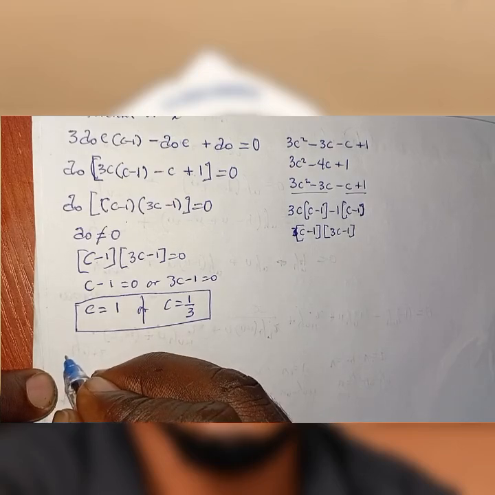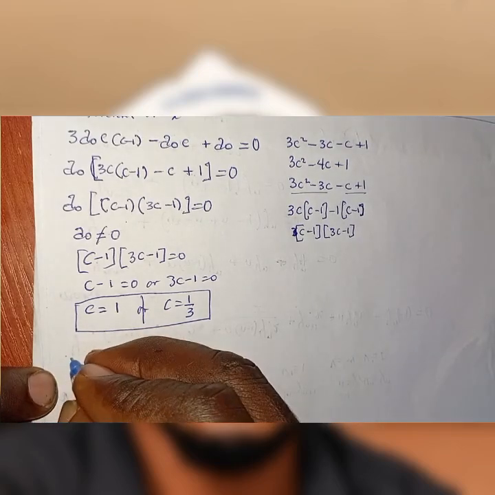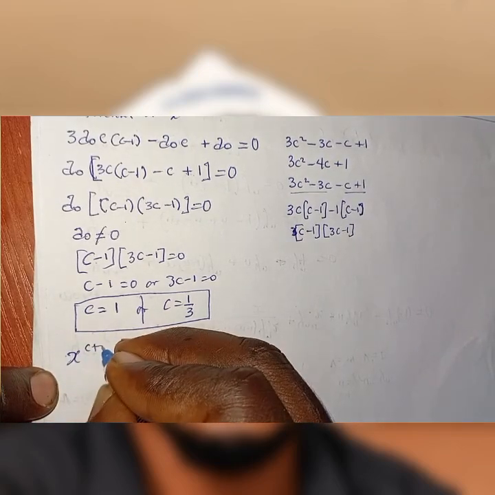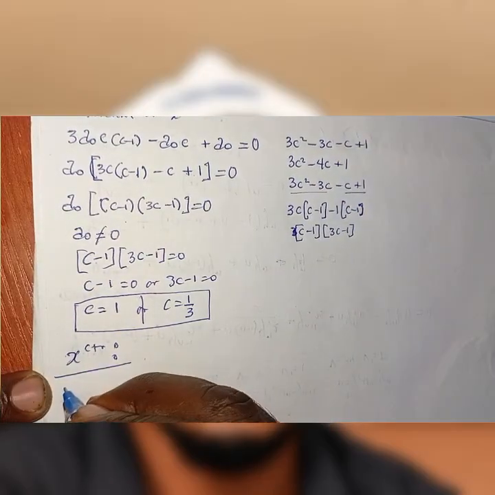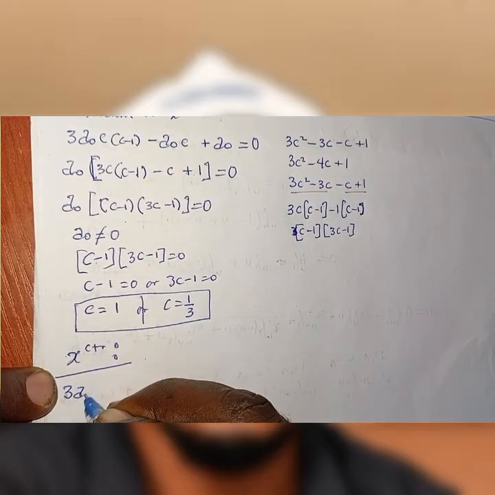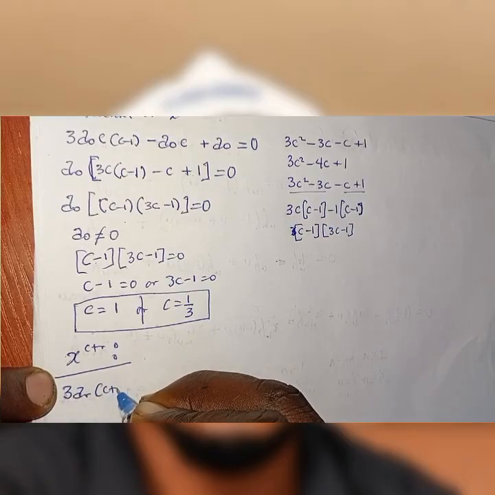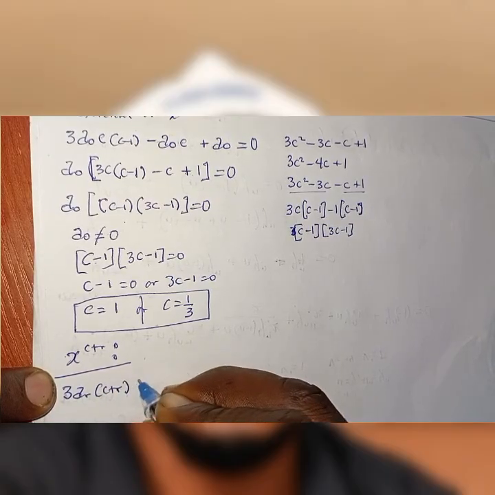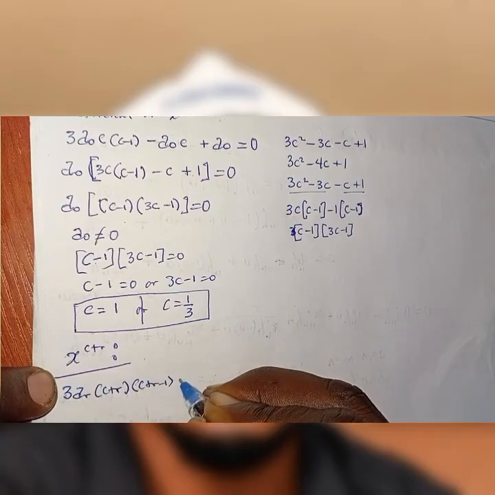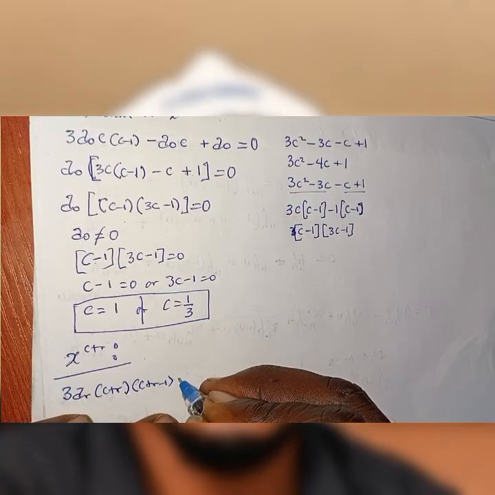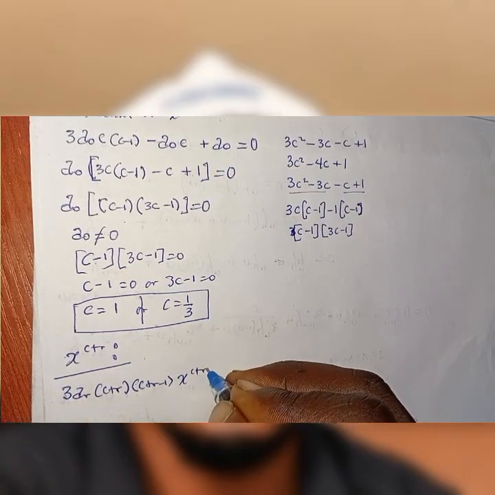Now, let's go to the last one, so which is x raised power c plus r. From x raised power c plus r, from the first one, we have 3 ar (c plus r), then this one is (c plus r minus 1), x raised power c plus r.